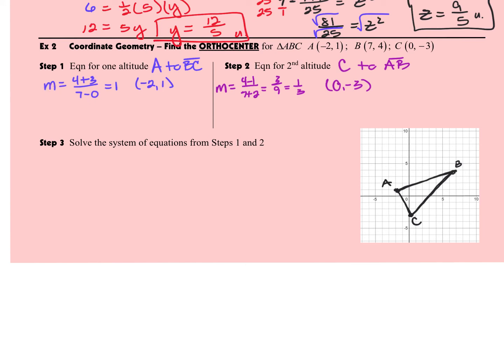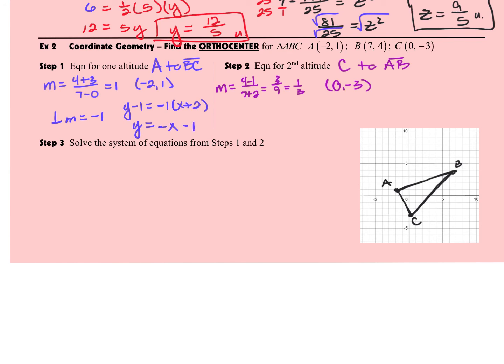So my slope of BC, I've calculated, you should be able to calculate it too, is 1, which means my perpendicular slope is going to be -1, which means I can now write the equation for my line and say y minus 1 equals -1 times x plus 2. This one cleans up pretty nicely to give me y = -x - 1.